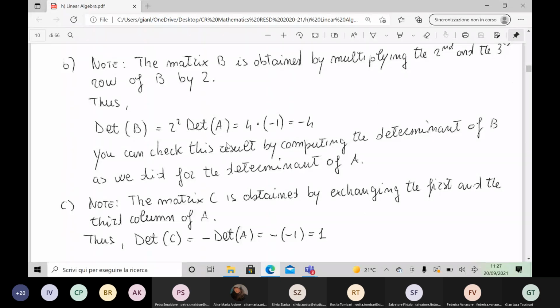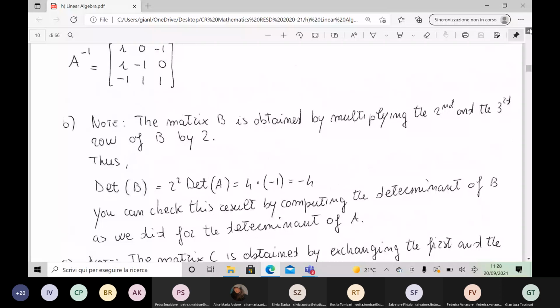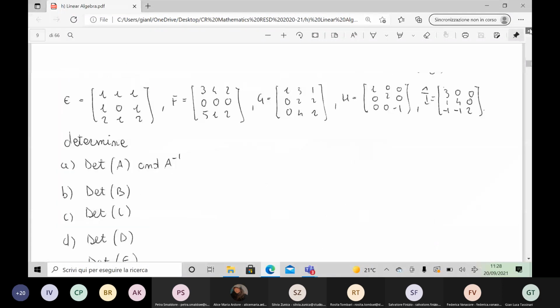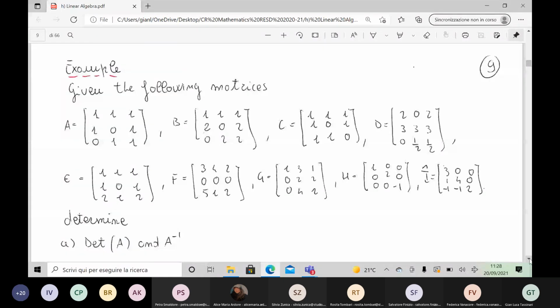Consider this matrix. Again, one can always compute the determinant by developing it along the row or the column you prefer. However, since here I wanted to show some property, I want you to compare matrix A and matrix C. You see that I exchanged the first column of A with the third column.